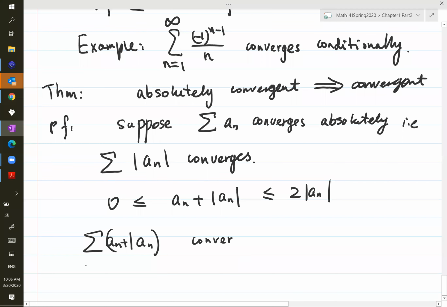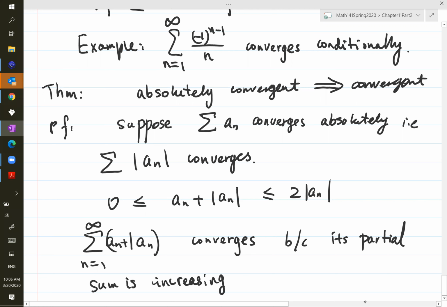The reason is by looking at its partial sum, because its partial sum is increasing, because every term is positive, so its partial sum should increase, increasing and bounded.